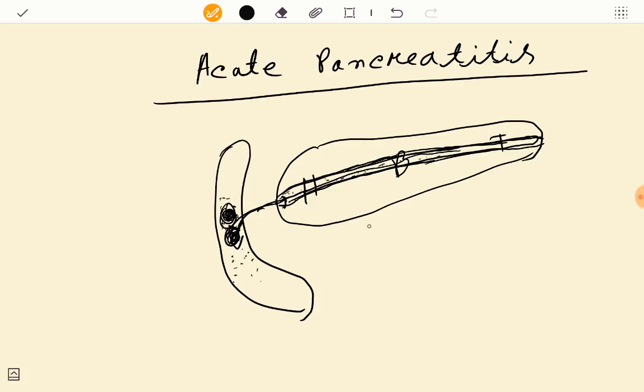So now the question is, what if this enzyme is activated in the pancreas? What is going to happen? The question is very valid because this enzyme can be activated. How?